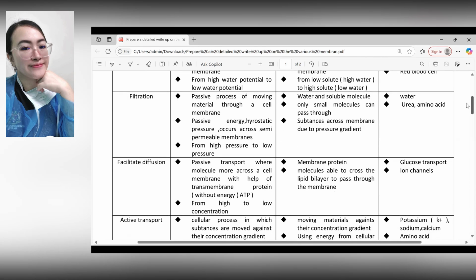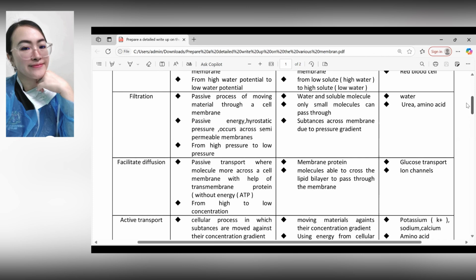Number 3 is filtration. It's a passive process of moving material through a cell membrane. It is passive, requiring no energy, where hydrostatic pressure occurs across semi-permeable membranes, from high pressure to low pressure.